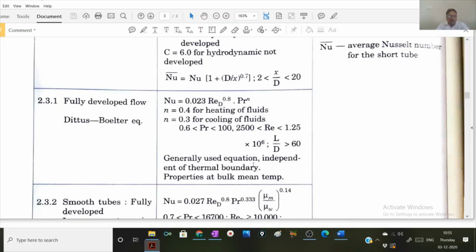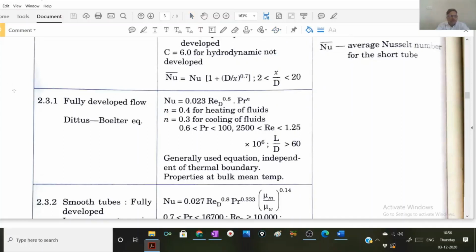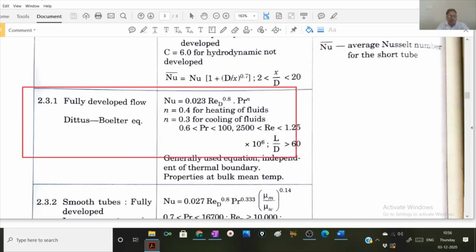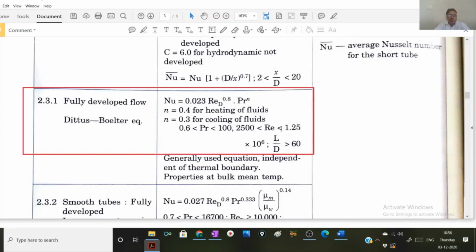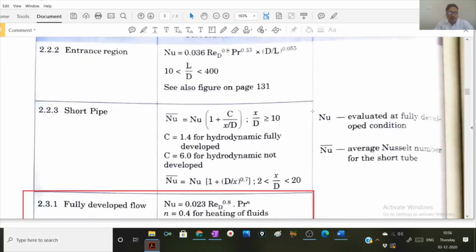It is generally used equation independent of thermal boundary and properties at bulk mean temperature. So I am going to select the Dittus-Boelter equation. And again, in our case, the fluid is being heated. So in this formula, the value of n will be 0.4 for heating fluids. So this is 2.3.1 equation and page number 126.